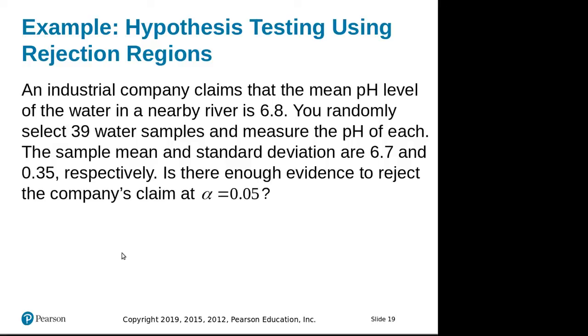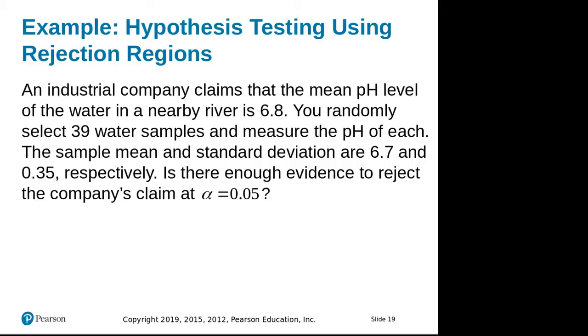I always forget that, because it's an inverse log. I think high pHs are base and low pHs are acidic. And so 6.8 is saying this is slightly acidic water, is what this is claiming.